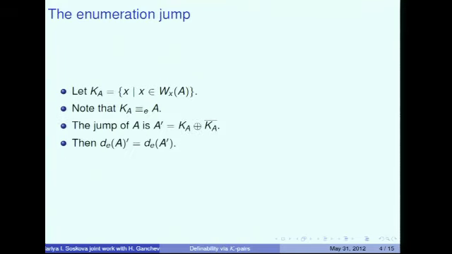So the enumeration jump of a set A is K_A joined with the complement of K_A, and this operation is degree theoretic. The enumeration jump of the degree of A is just the degree of its jump.